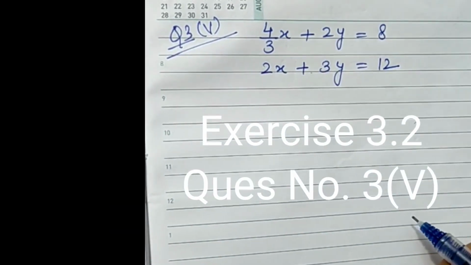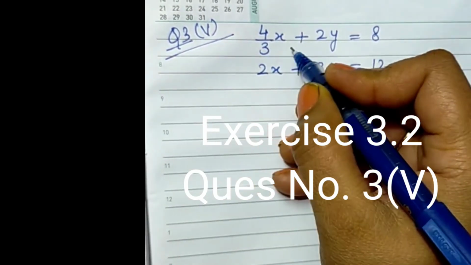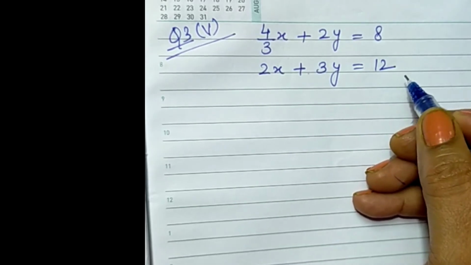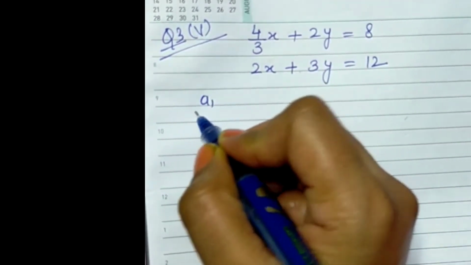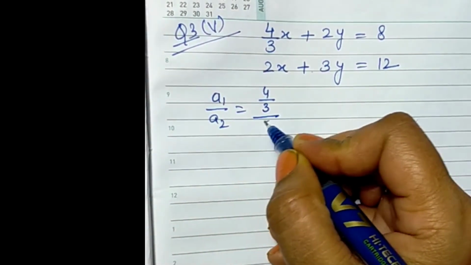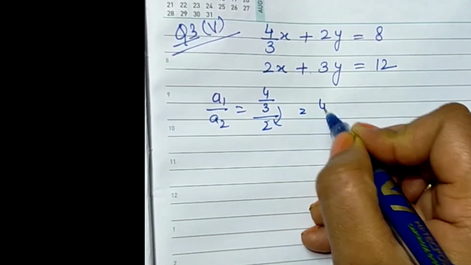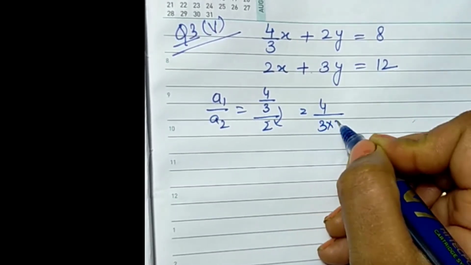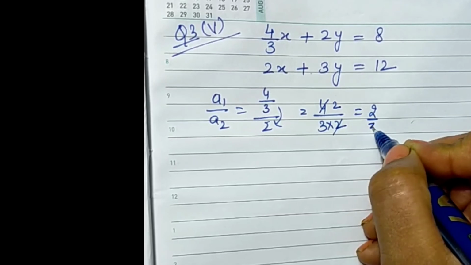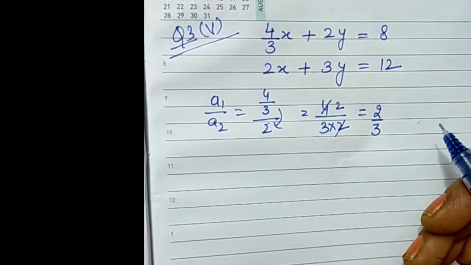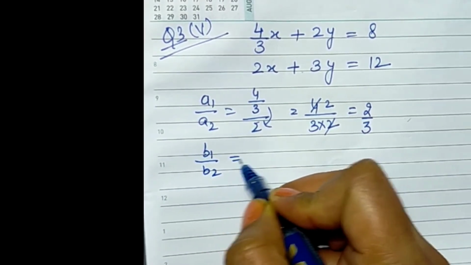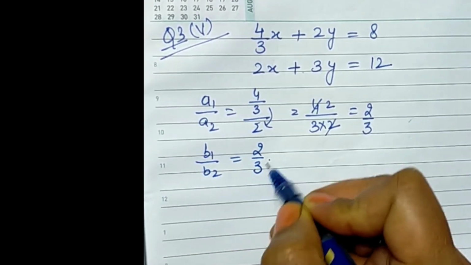Now the last part. 4 by 3 x plus 2y is equal to 8. 2x plus 3y is equal to 12. A1 over A2 is 4 by 3 over 2. Let's solve it now. So we get 2 by 3. Then B1 over B2, 2 by 3.